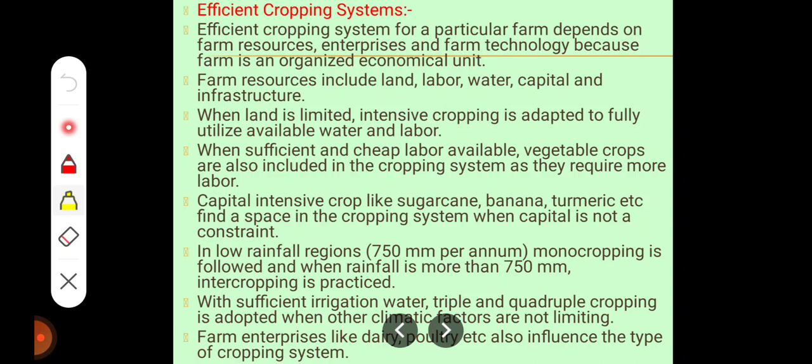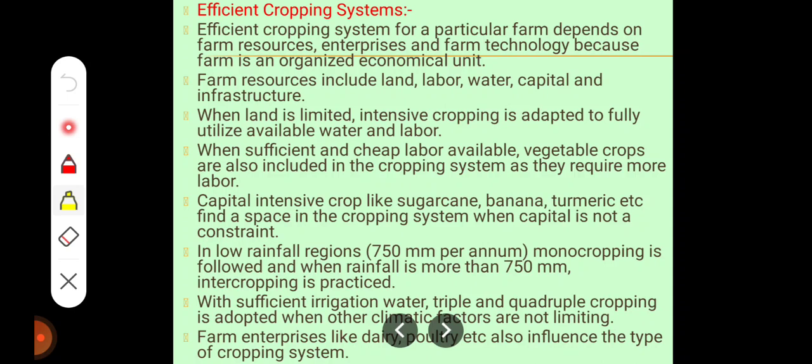When land is limited, intensive cropping is adaptable to fully utilize available water and labor. When efficient and cheap labor is available, vegetable crops are also included in the cropping system as they require more labor.